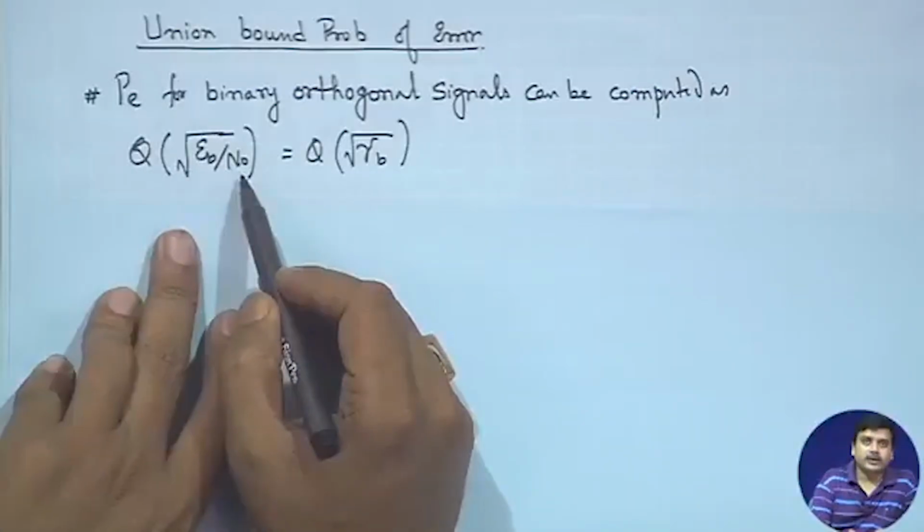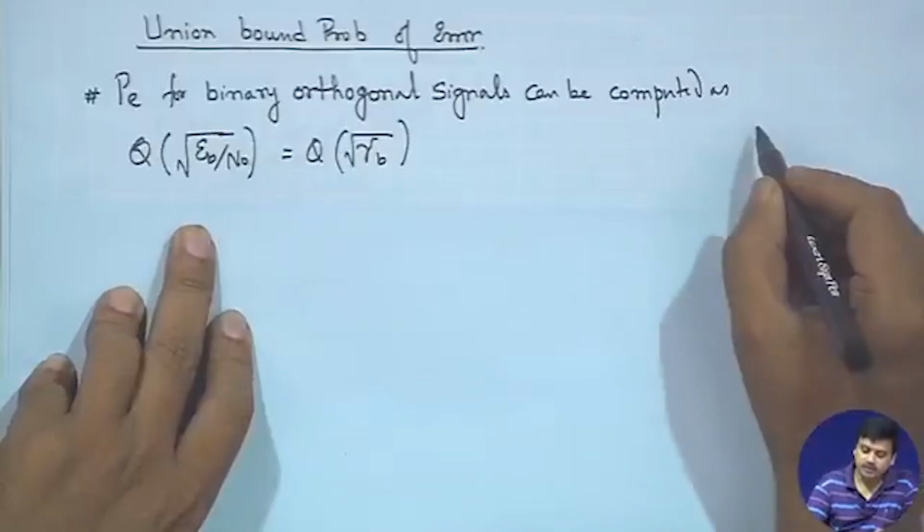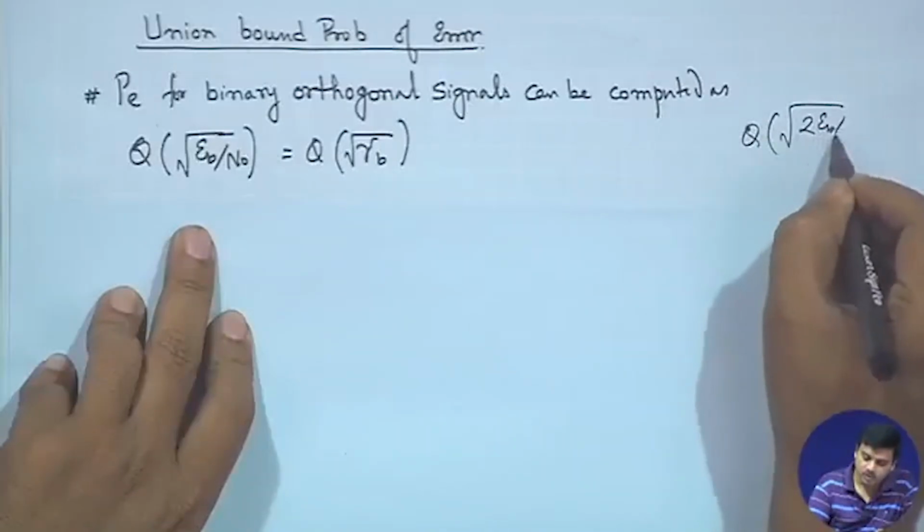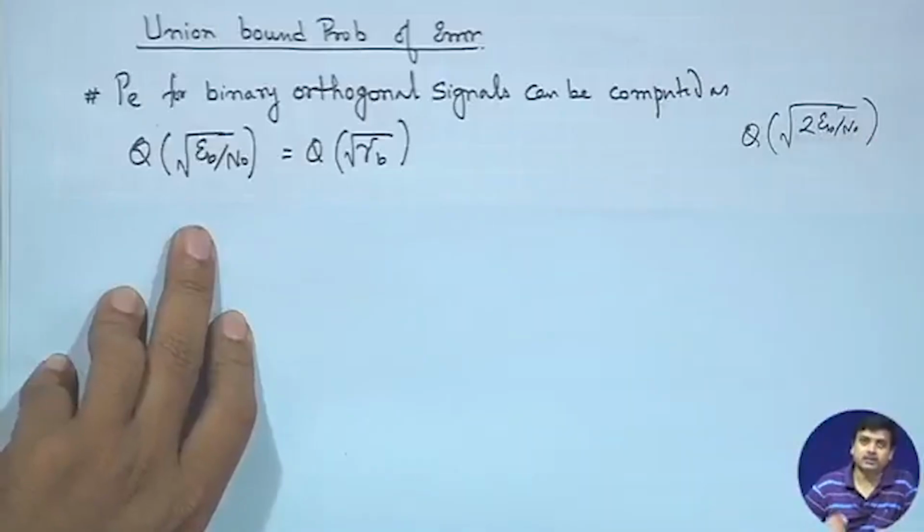That is what we have done, and for 2 it is possible; for more it becomes a bit cumbersome. The result that you obtain is Q function of root over E_b by N_0. Just a reminder, for binary PAM it is Q of root over 2 E_b by N_0, just for your comparison sake.